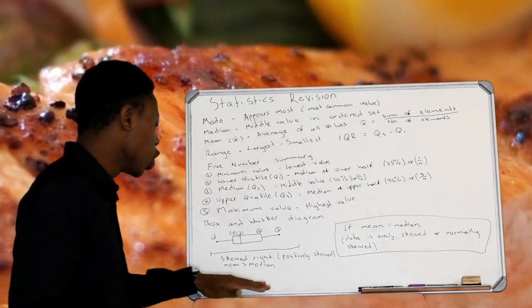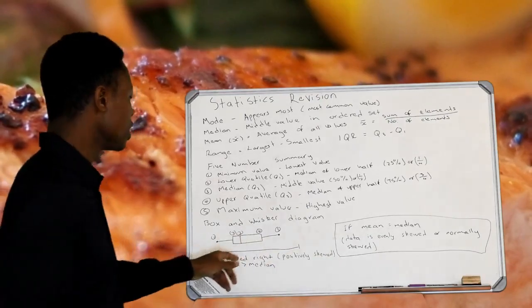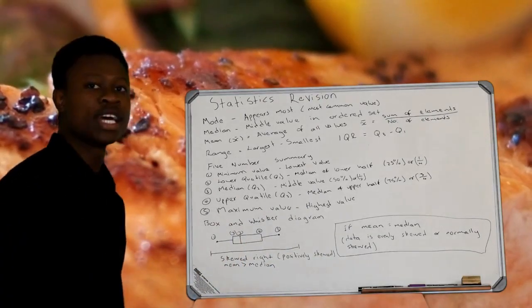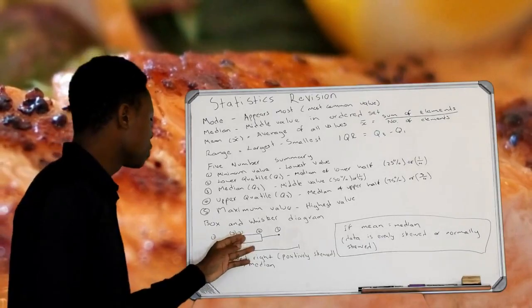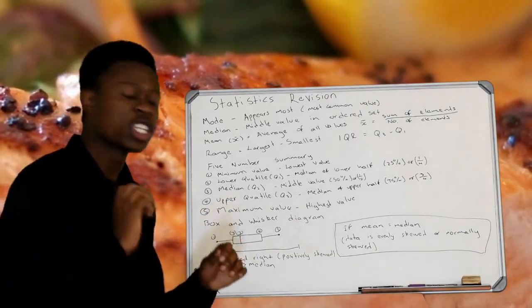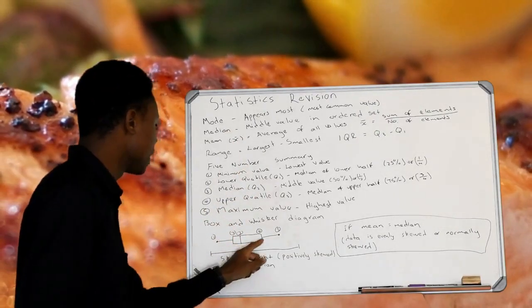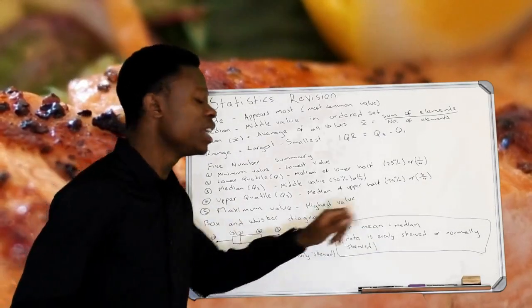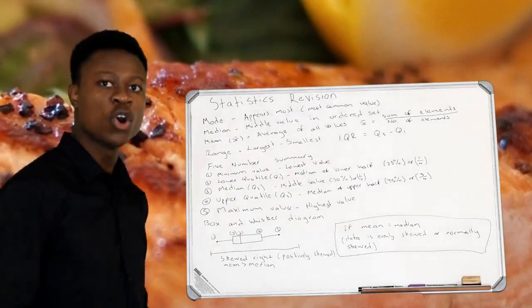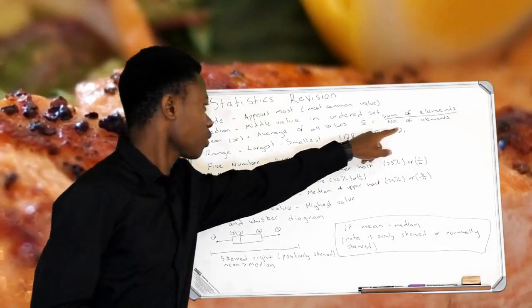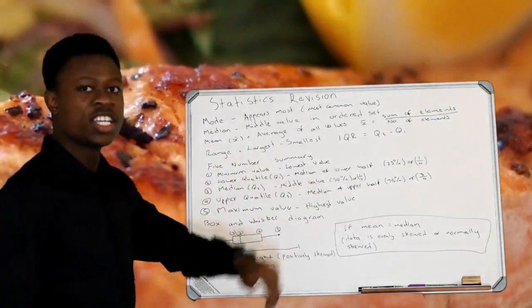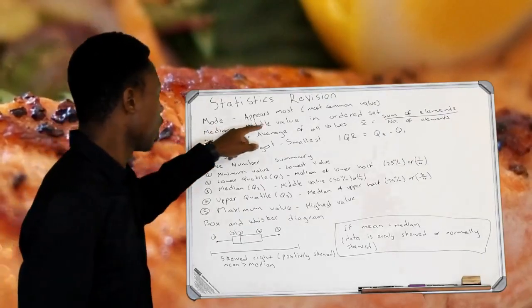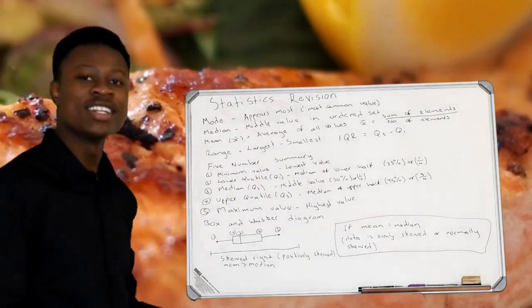But you also have to know what it means wherever that line is positioned. Let's say, for example, it's positioned directly in the middle between that and that, right? If it's in the middle, it means that the mean is equal to the median. So your average, which is the mean, is equal to your median, which is the middle value in an ordered set.